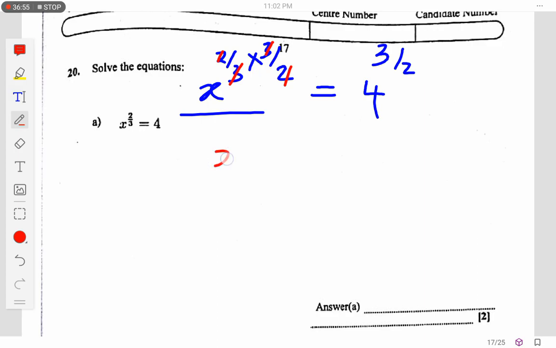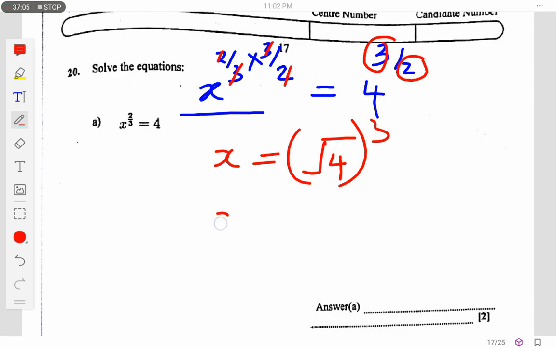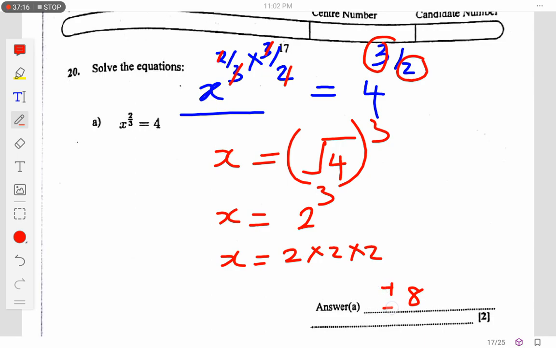So we get x is equal to, now when we have this, it's the same as the square root of 4, then cubed. So x is equal to square root of 4, 2 cubed, becomes x is equal to 2 times 2 times 2, which is equal to 8. Someone can say plus or minus there. It's one and the same thing.